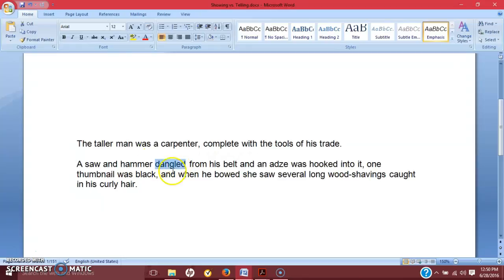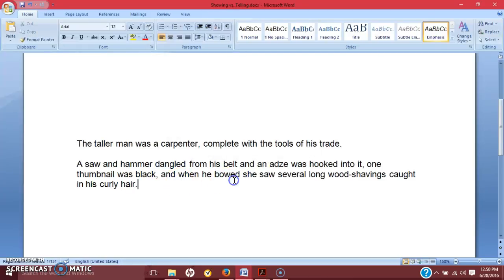Anytime you use an active verb, dangled from his belt, not just was hanging from his belt, this is more descriptive, more specific. It's stronger than a be verb or the verb had, have, or has. So avoid be verbs like was, is, are, and avoid had, have, has. Use more active verbs, okay?